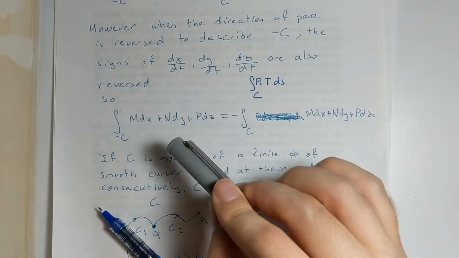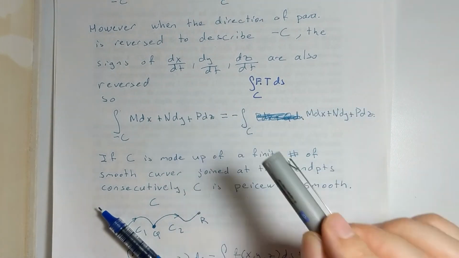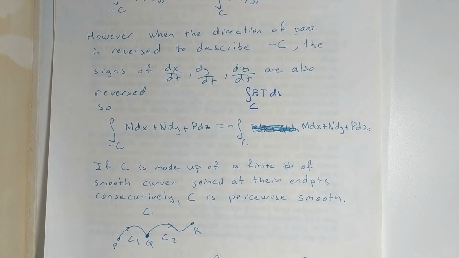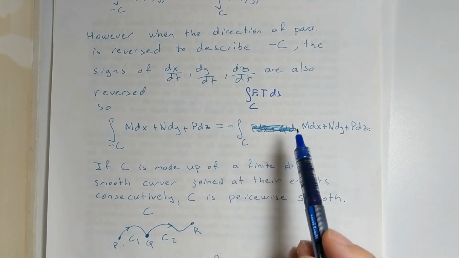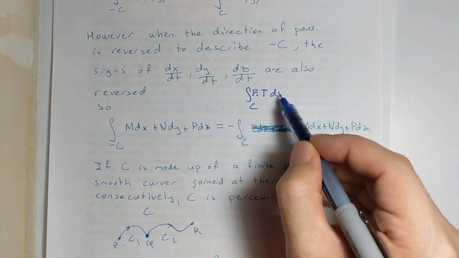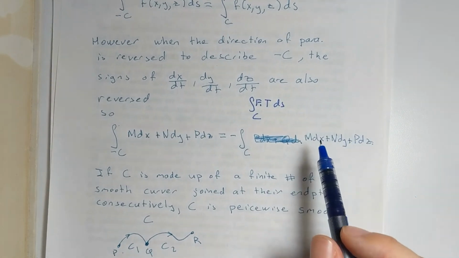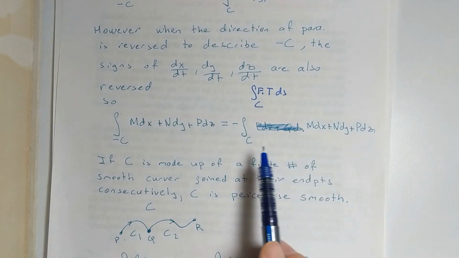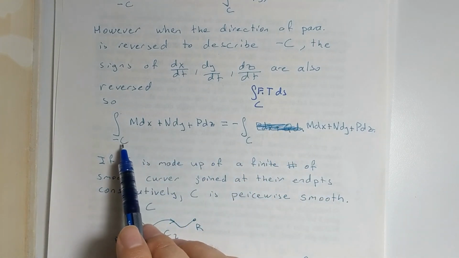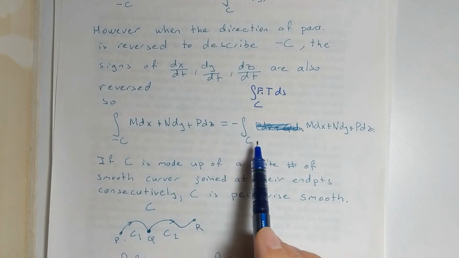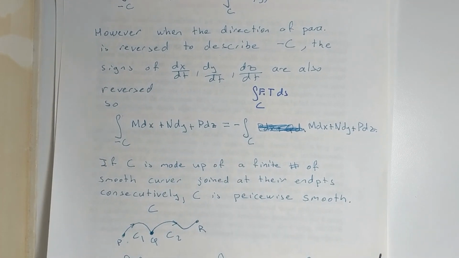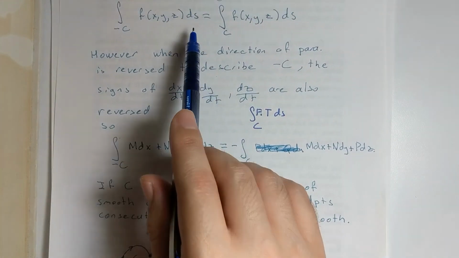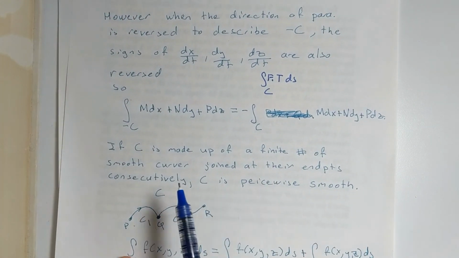It gains potential energy when I raise it, and loses it when I lower it. So from the physical sense of it, the integrals should be just negatives of each other. And the reason is that now we have a dot product, and we're going to get that the integral over minus C is minus the integral over C. I'm going to give an example of this in a second.